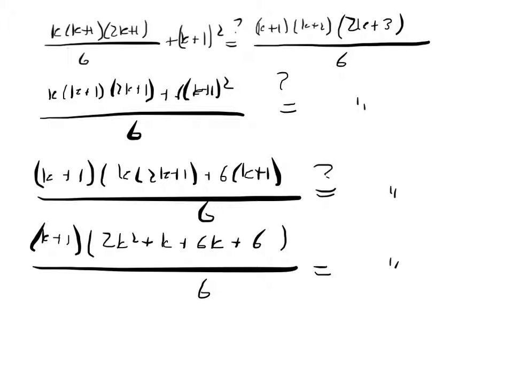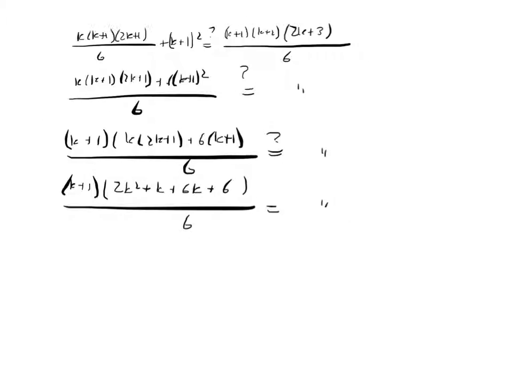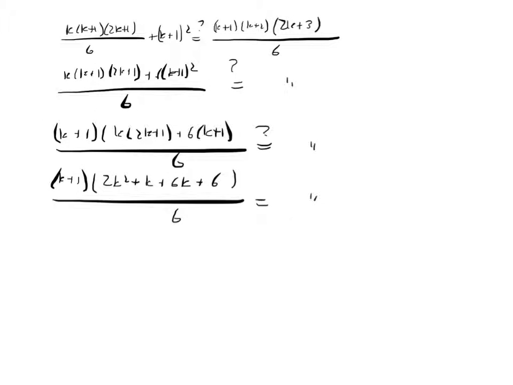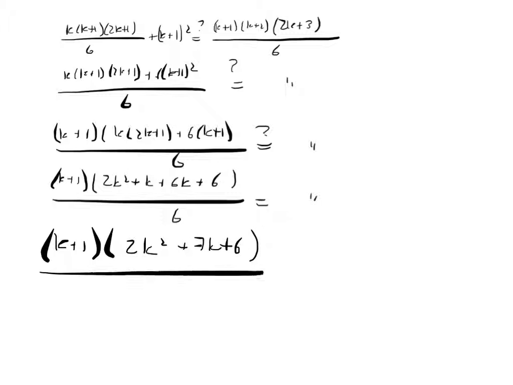Expand, and I get to here, and then rewrite this second expression as a quadratic, 2k squared plus 7k plus 6 over 6.